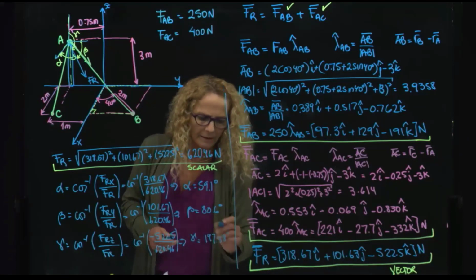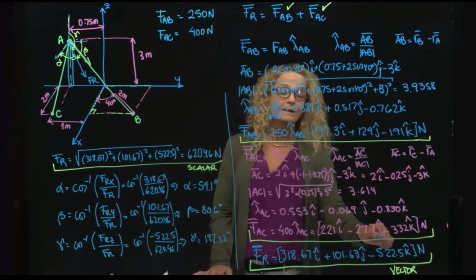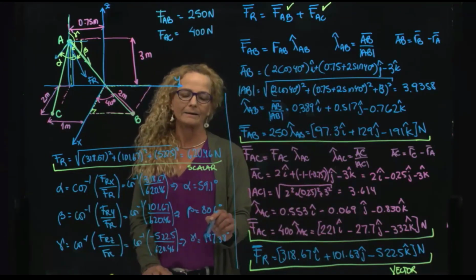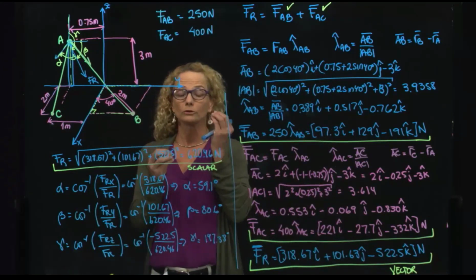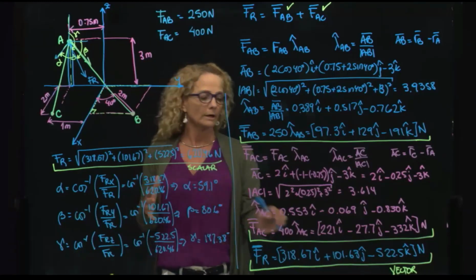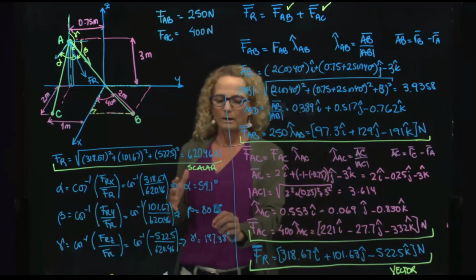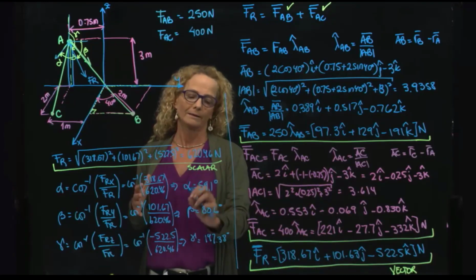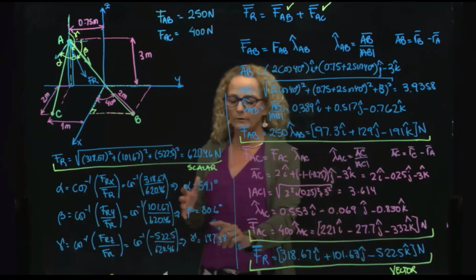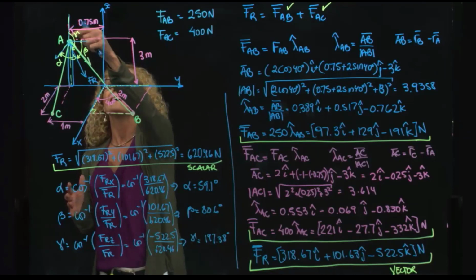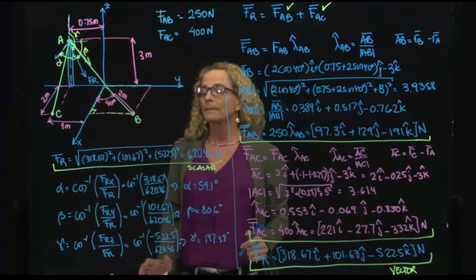As you see again, anytime that I have a negative component, I get an angle that is greater than 90. So those are little things that you should use to prove that your results are correct, right? Whenever you get a positive component, you have to have an angle less than 90. And for a negative component, you have to have an angle greater than 90.